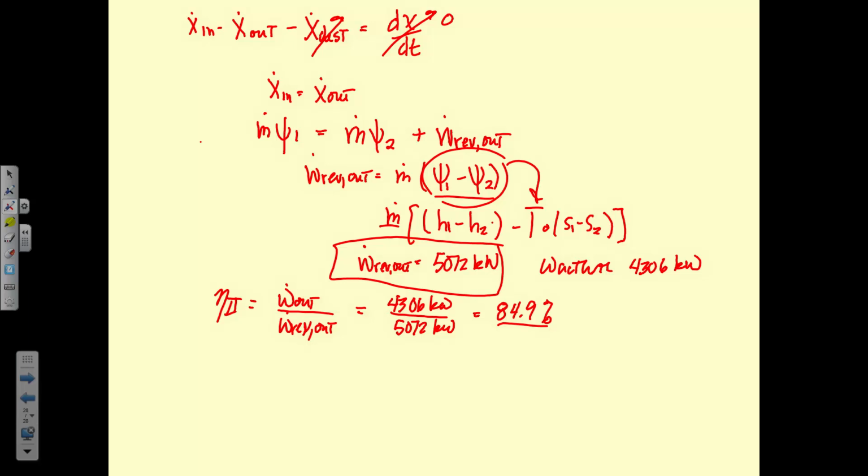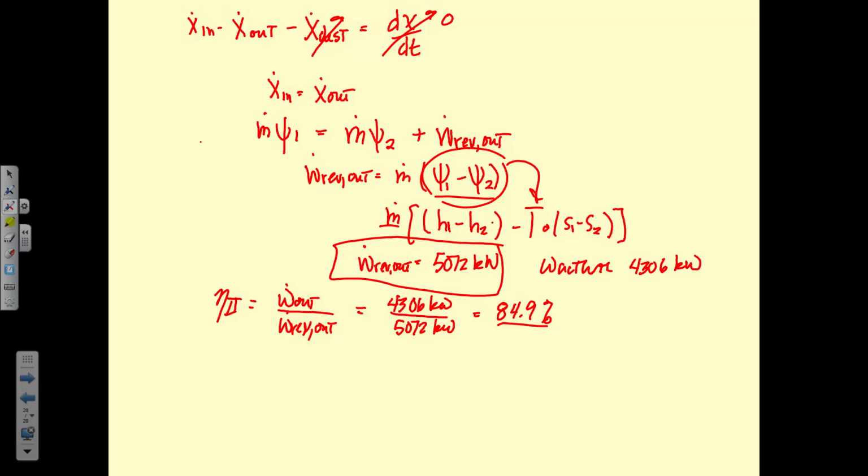So when we're using a turbine, there's some work potential available, right? And so we're actually harnessing some of that and creating usable work. So exergy in the beginning is some value. There's some potential of this energy source, and we're actually getting 4,306 kilowatts of that. So the exergy recovered is the amount of exergy that we turn into usable work.